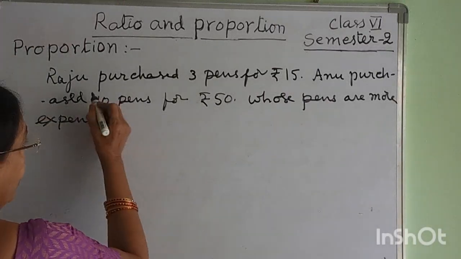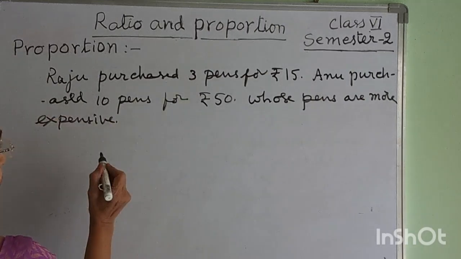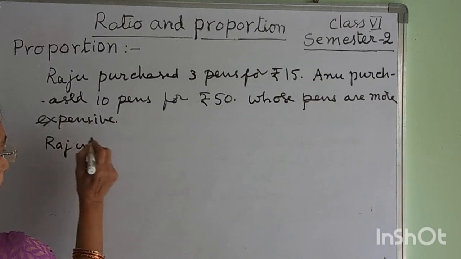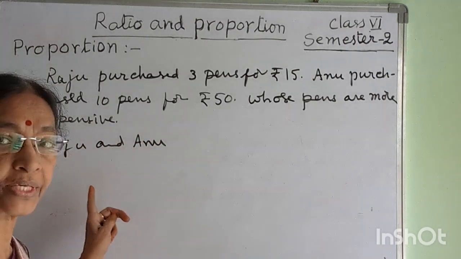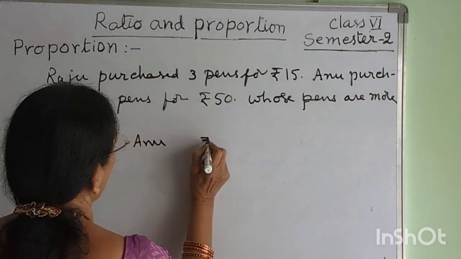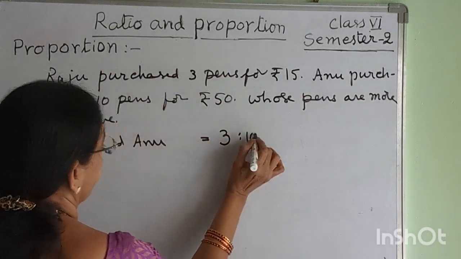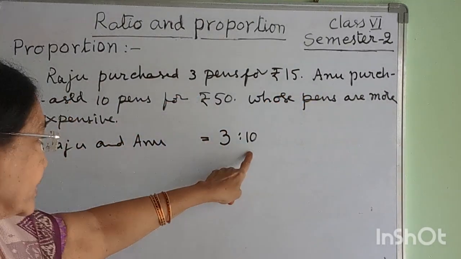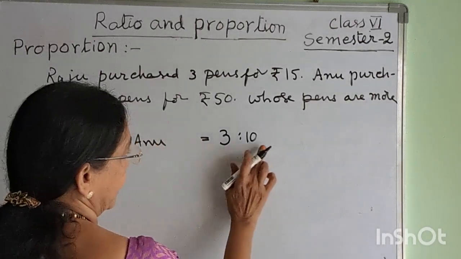The ratio of the number of pens purchased by Raju and Anu is 3:10. Raju purchased 3 pens. Anu purchased 10 pens. Therefore, the ratio of the number of pens is 3:10.